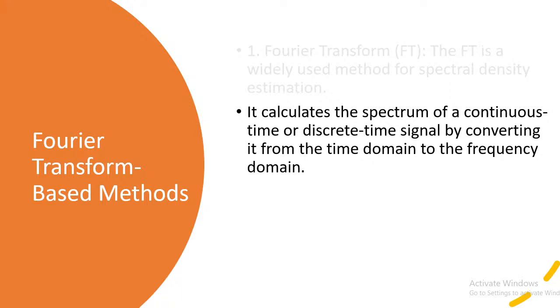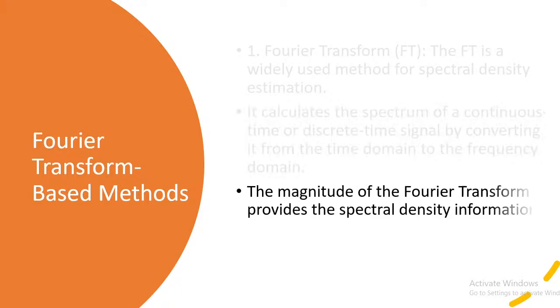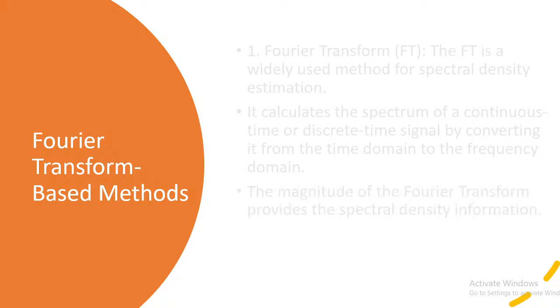The Fourier transform is a widely used method. It calculates the spectrum of a continuous time or discrete time signal by converting it from time domain to frequency domain. The magnitude of the Fourier transform provides the spectral density information.